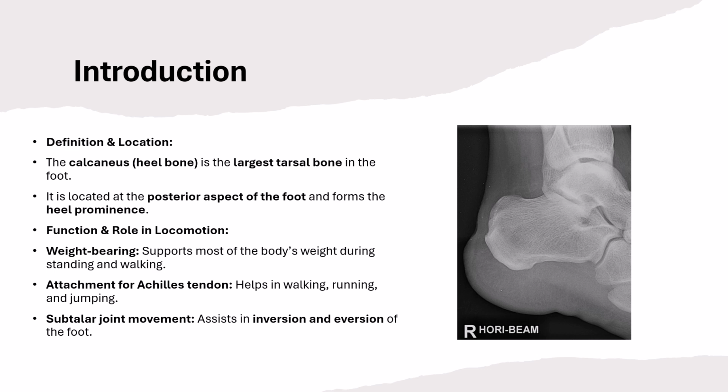The posterior surface of the calcaneus provides the attachment to the Achilles tendon, which is crucial for walking, running and jumping. The third one is the subtalar movement. It helps in movements like inversion and eversion, allowing us to adapt to different surfaces while walking.